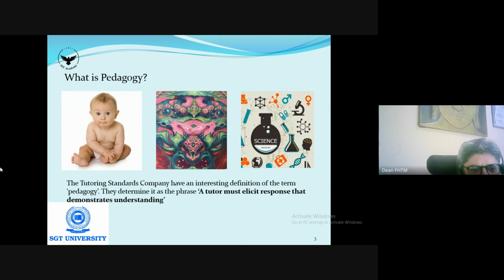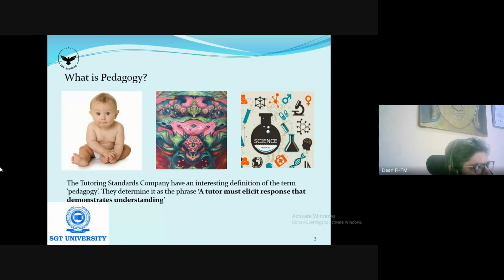So the three pictures here are indicative of that. The child, the third picture says science, the second picture is an artistic picture, which stands for art. So ideally the definition of pedagogy would be the art and science of teaching a child.